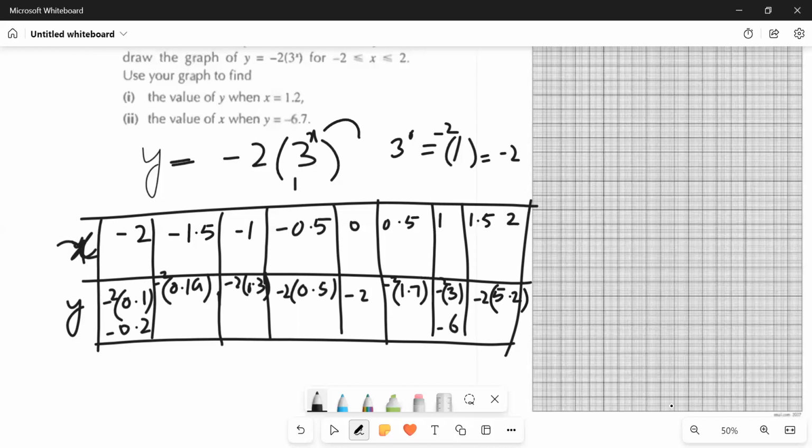So 0.19 multiplied by -2, it is 0.04. Next one is 0.3 multiplied by -2. It is -0.6.